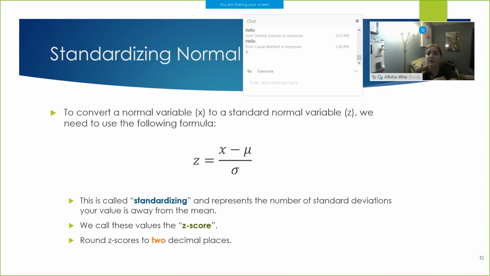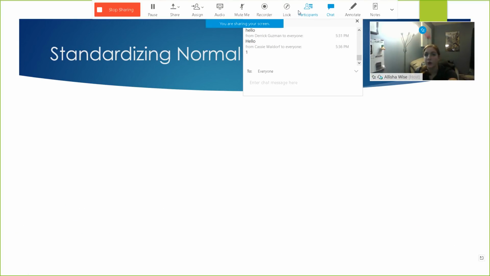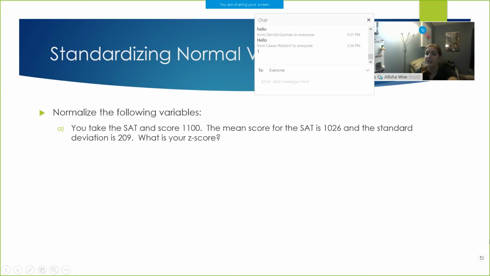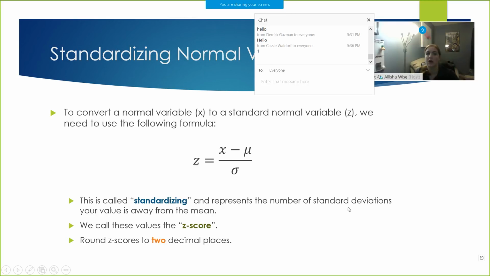So the first thing we're going to do in this week's lesson is learn how to standardize our variable. So what does that mean? If you're given an X value, sometimes we want to convert it into a standard normal variable.